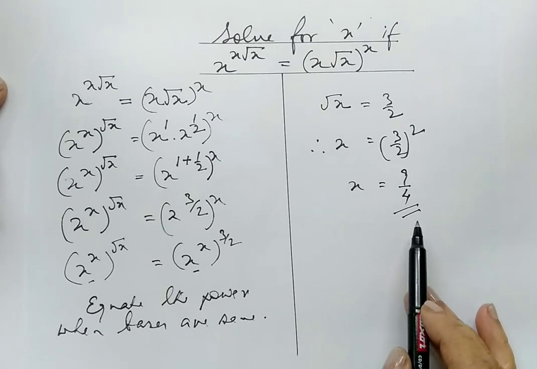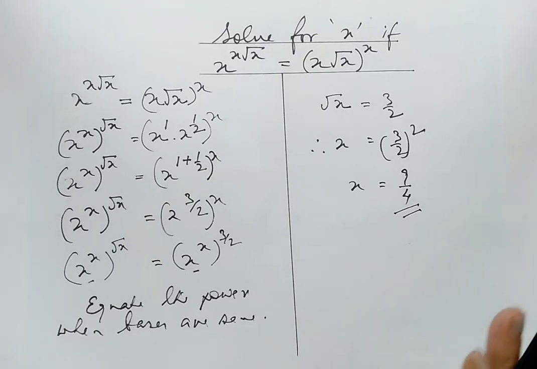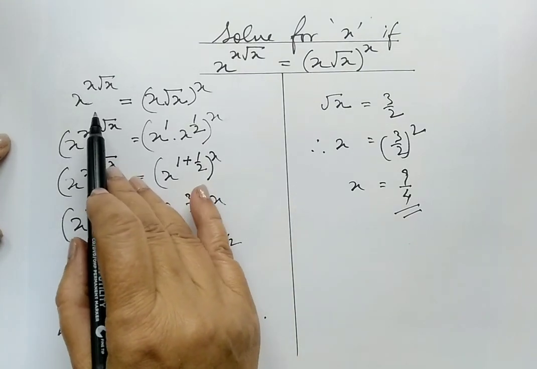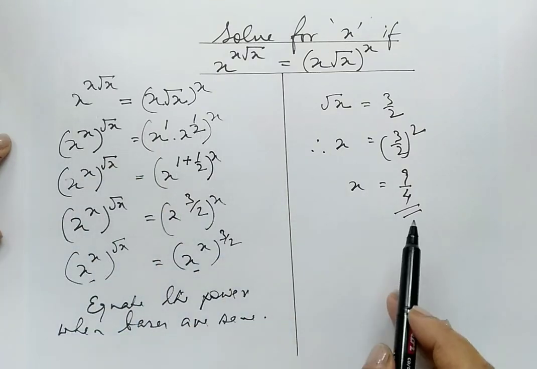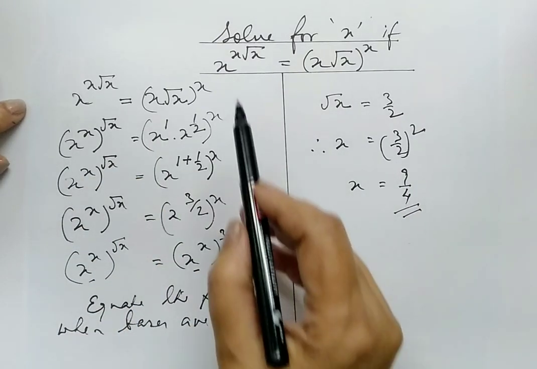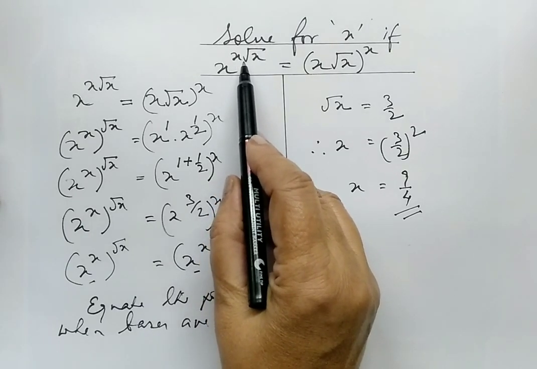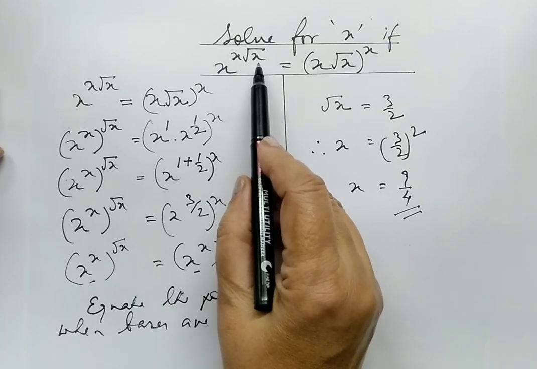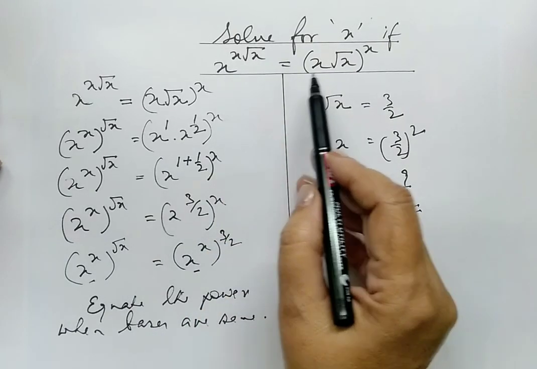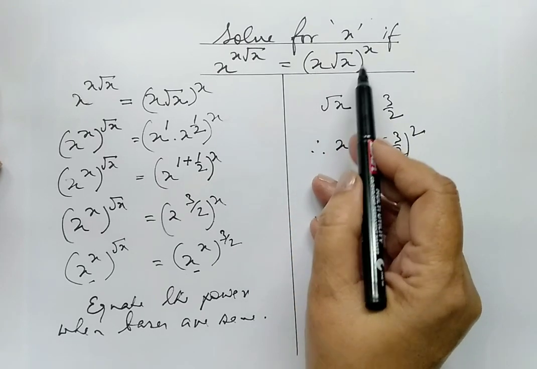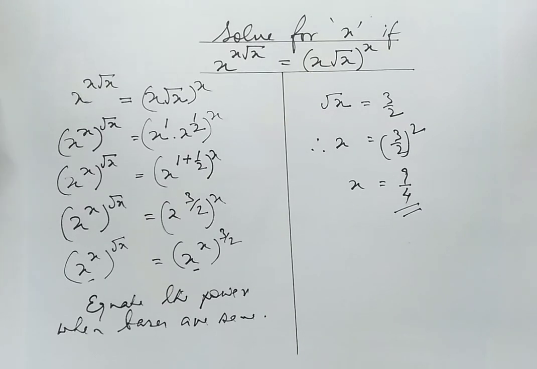So if I were to reinforce this, so that you can really understand the ins and outs of this kind of sum, I would have to go from step 1. In step 1, we've been given x to the power of x, and side by side there is a root x, which is equated with x sitting with root x to the power x. Alright.